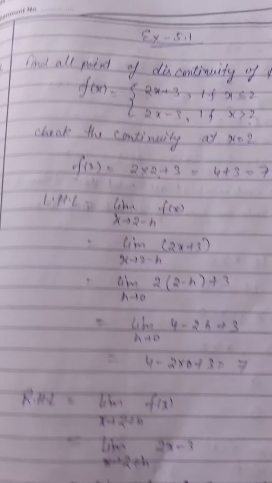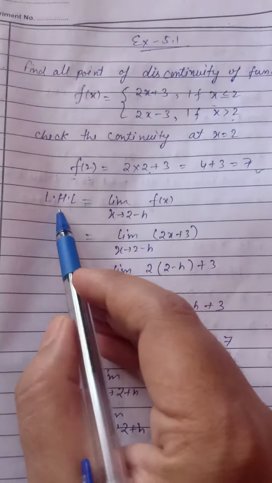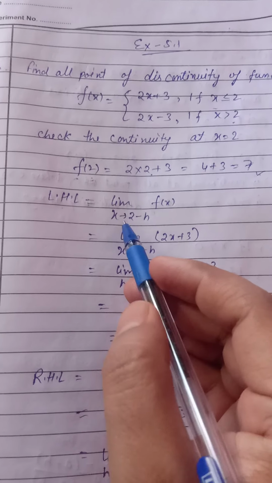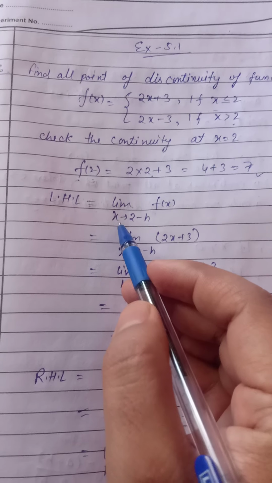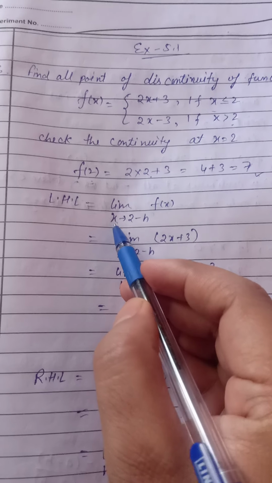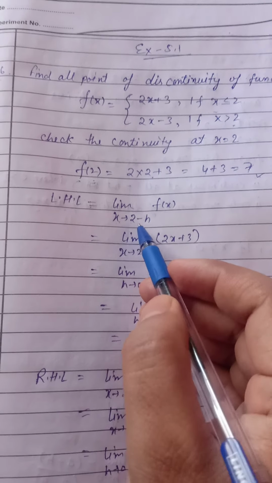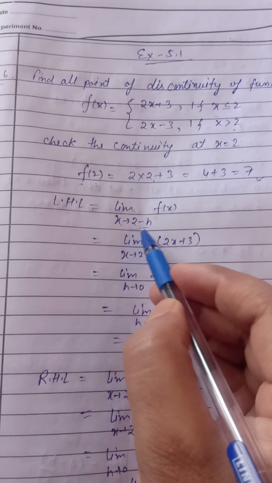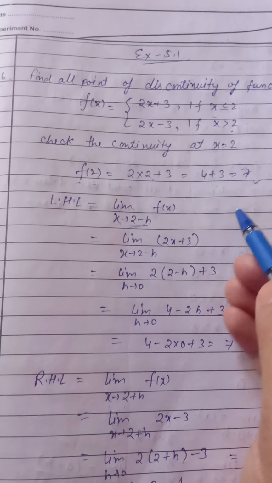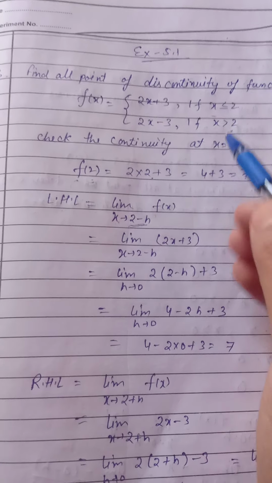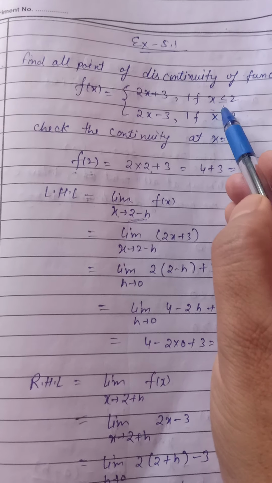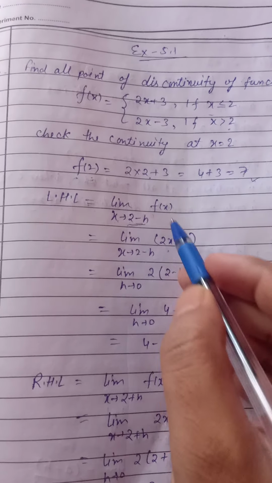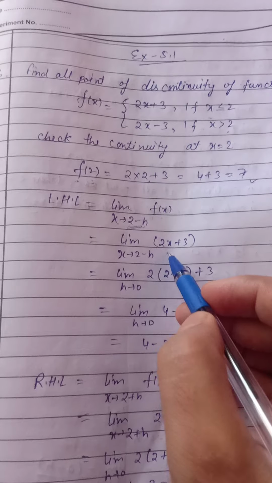Now we will find the left hand limit. The left hand limit, as I told you earlier, is taken at a slightly lower point than 2. So we'll take it as limit x tends to 2 minus h of f(x). Now 2 minus h means x is slightly less than 2. So for less than 2 we have the function 2x + 3.